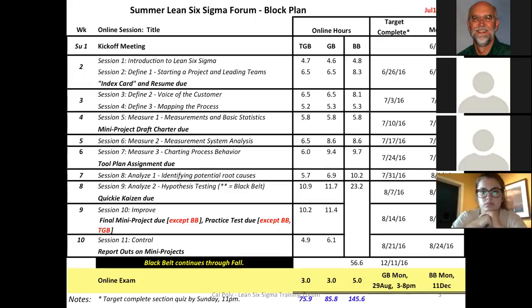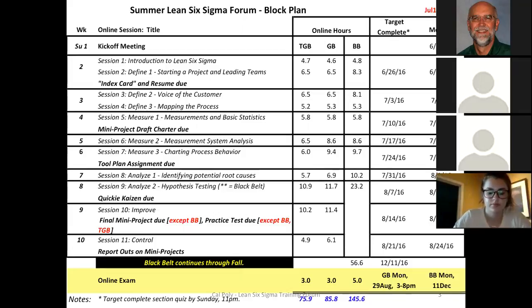So this is one of the differentiators between green belts and black belts. Black belts are loaded up with a heavier loading on the statistical analysis tools. You can see that in the Analyze 1 phase, they had 10.2 hours versus about 7. And now going into this next section, there's actually 23 hours of Analyze 2 for the black belts.